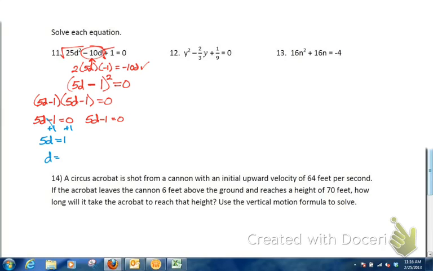So you're going to get d equals 1/5. And over here you're going to get the same thing. D equals 1/5.